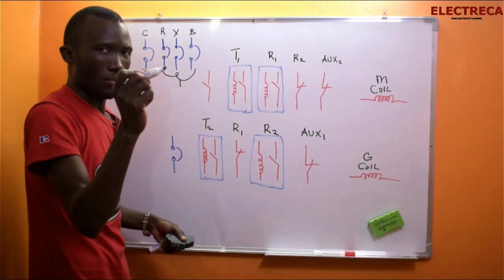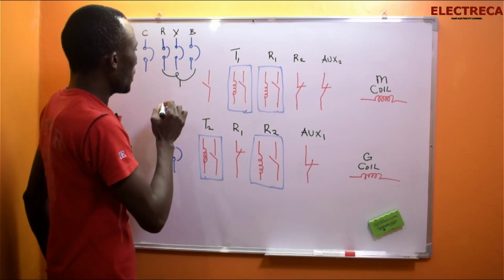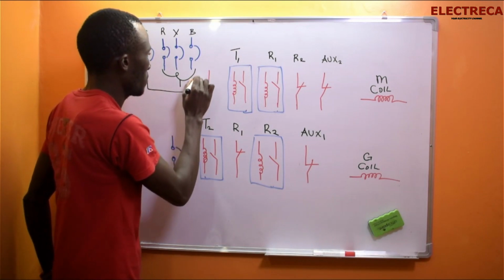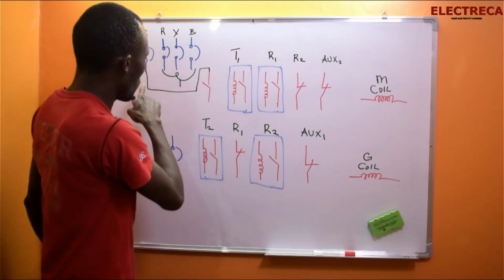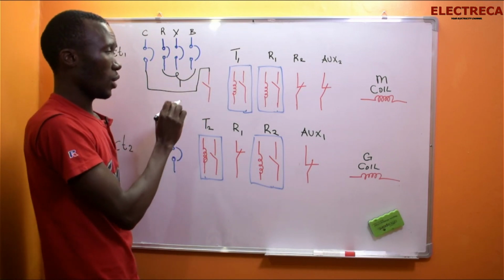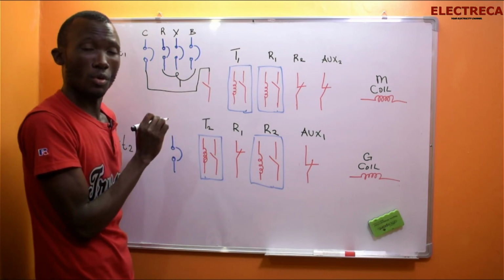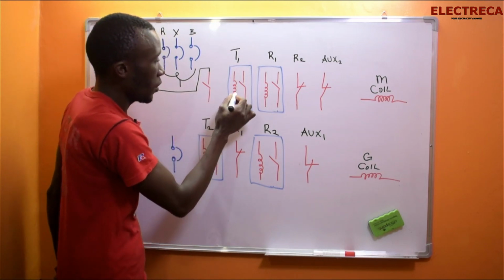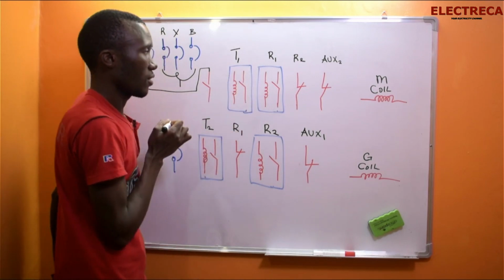So let us move the wires. Now we have our control breaker here. That's our control breaker that has gone into the normally open contact of this monitor relay. Now right here we have to supply the coil. This is the coil of the timer.